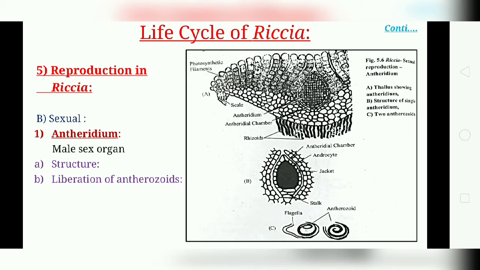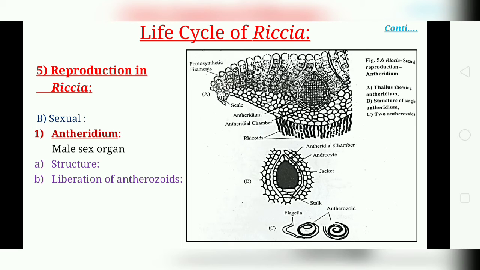First, the antheridium. It is an ovoid, elongated, pear-shaped structure arising singly. A short stalk is attached to the base of the club-shaped antheridial body of the Riccia thallus.